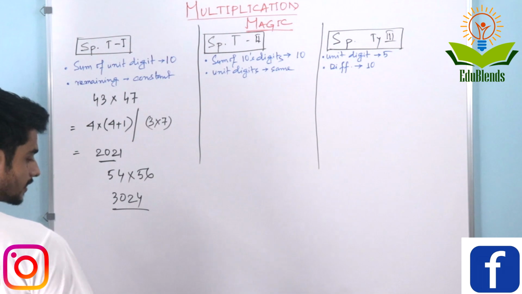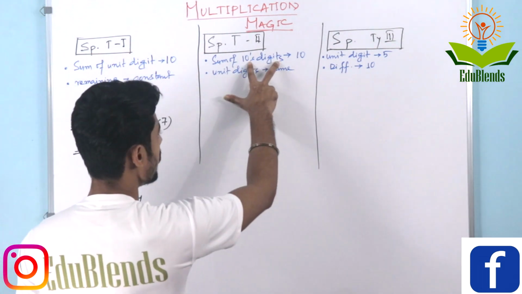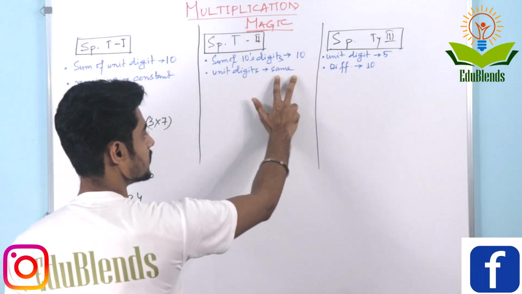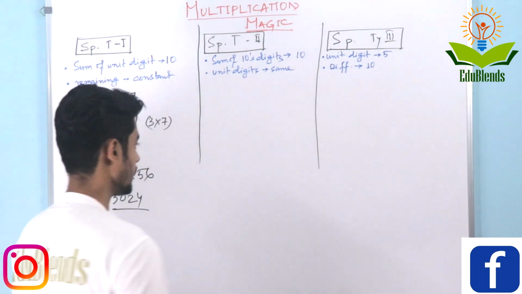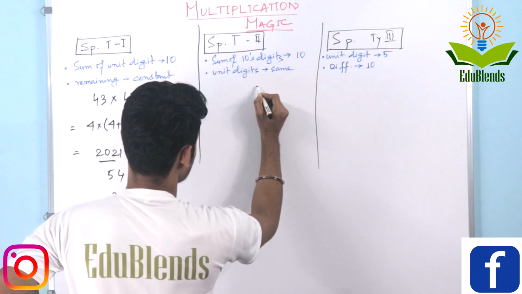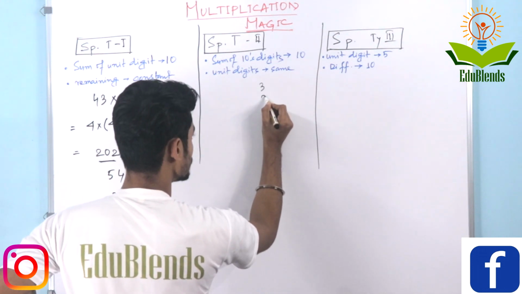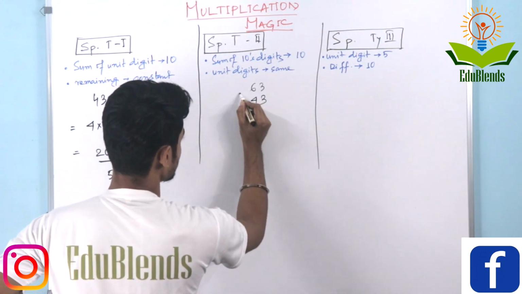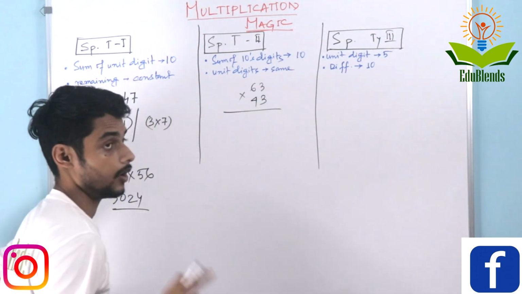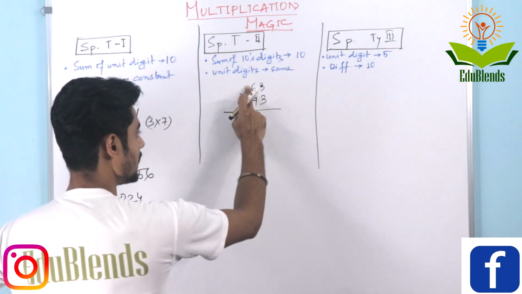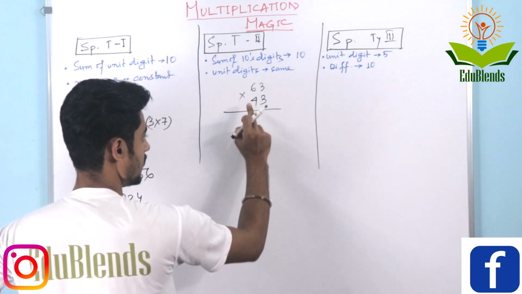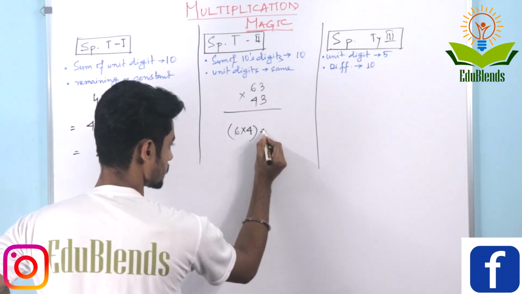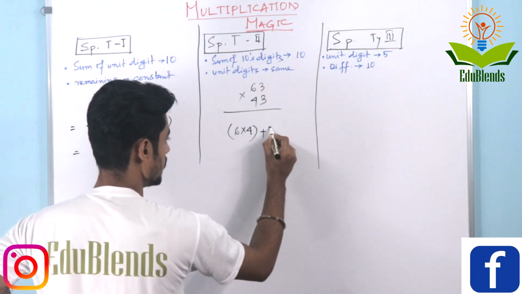So moving to the next category: the sum of the tens digits is 10 and the unit digits are the same. For example, unit digits are the same, 3, 3, let's say 64 into 63. What will be the answer? Now what we need to do? We need to multiply 6 into 4 plus unit digit 3.